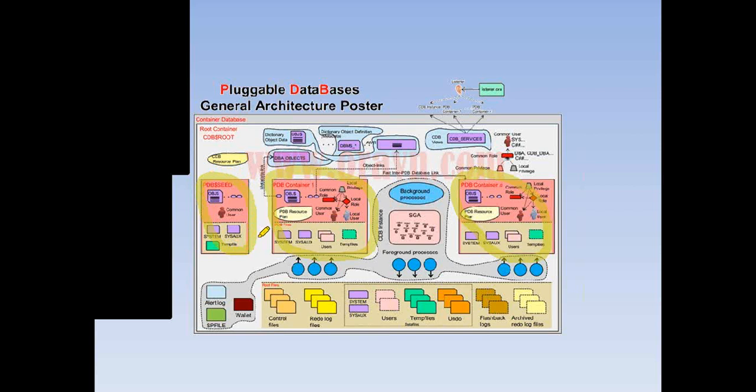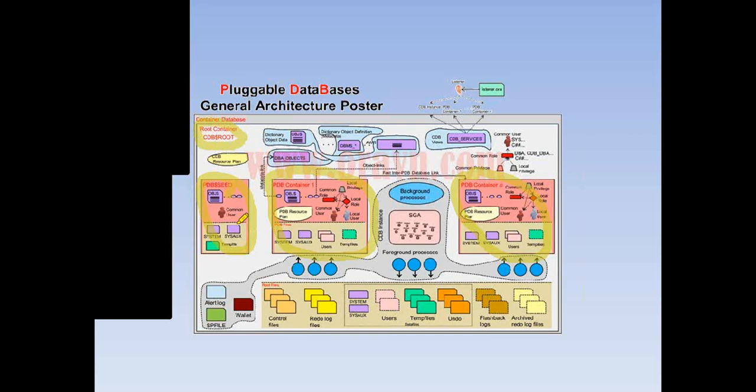So each container database will contain basically two databases. One will be the main root, and inside root you will be having one default template as PDB seed. So from PDB seed you can create a number of pluggable databases.